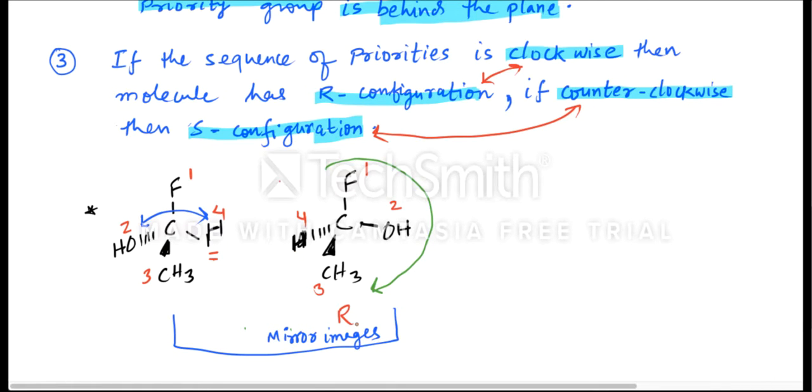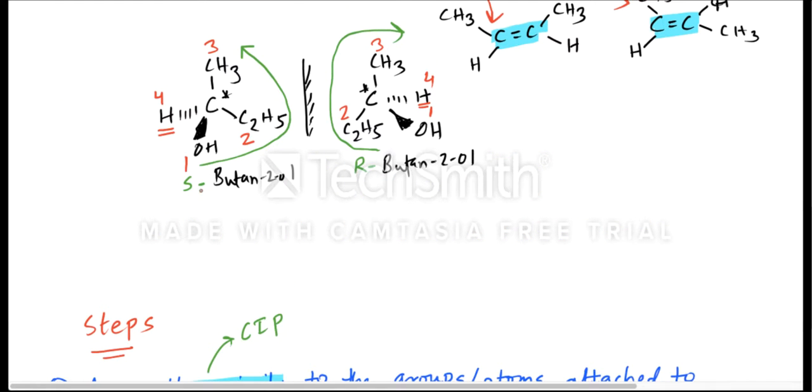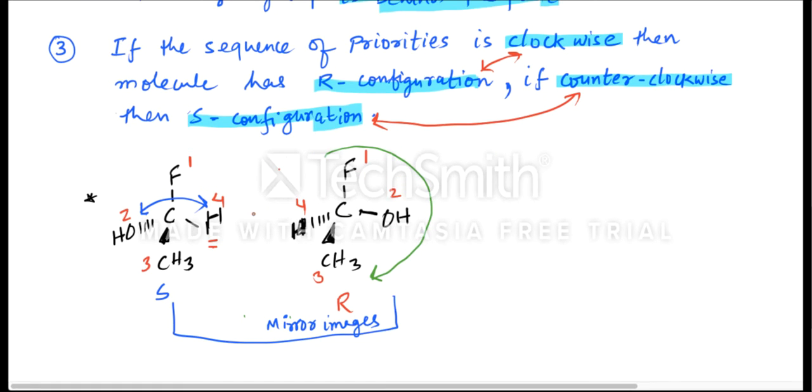If they are mirror images, and this one has R, then it will have S configuration. We can understand this from the butan-2-ol structure also, that S is this configuration and its mirror image is R. So we can remember it like this: the mirror image of S is R, and the mirror image of R is S. So even if the least priority group is not behind the plane, we can do the exchange, find out the configuration of the other molecule after exchanging, and then get the configuration of the original molecule.